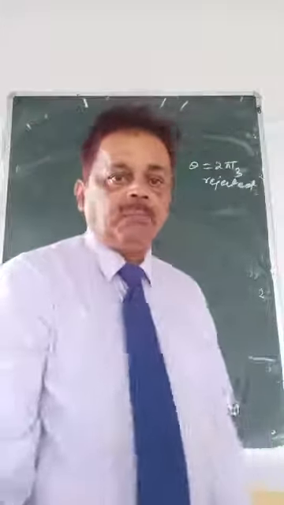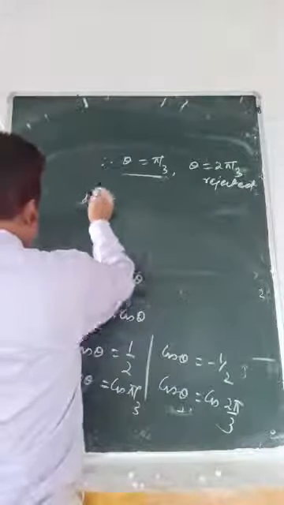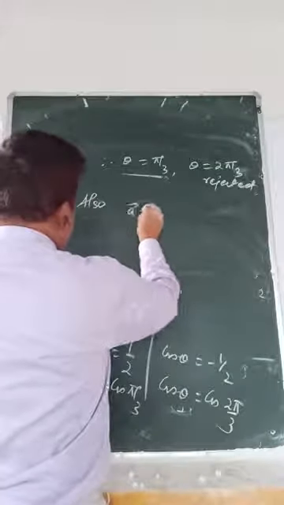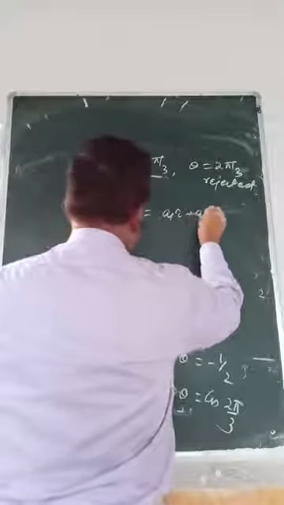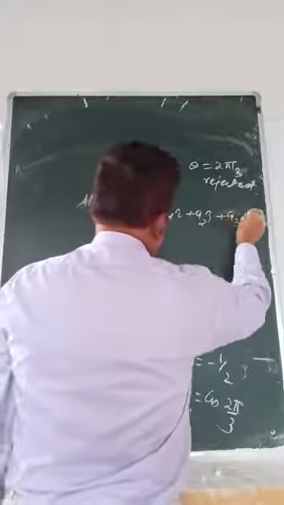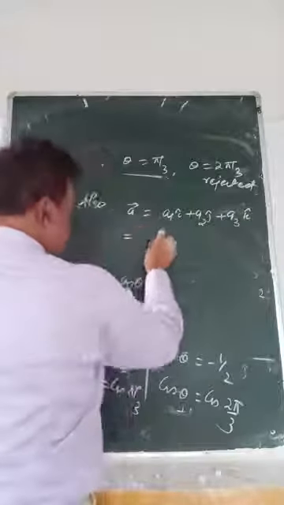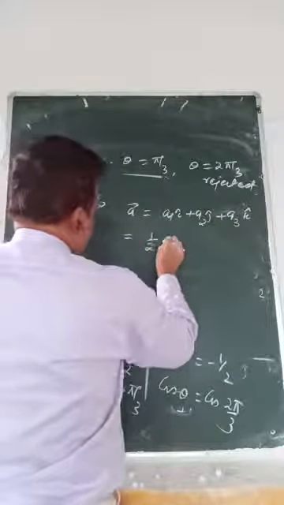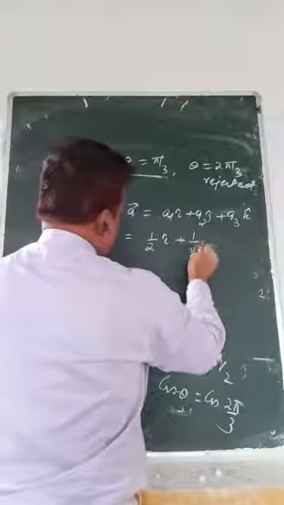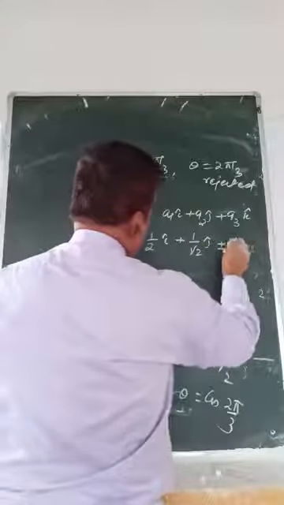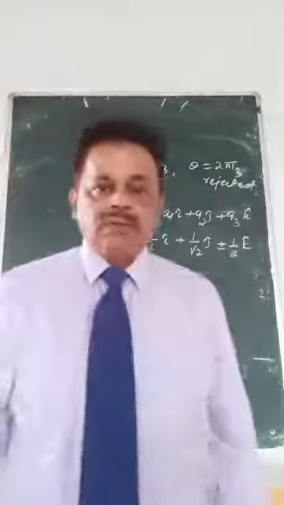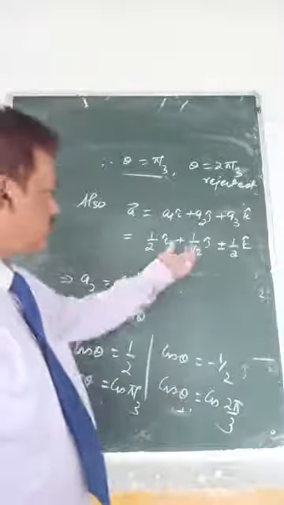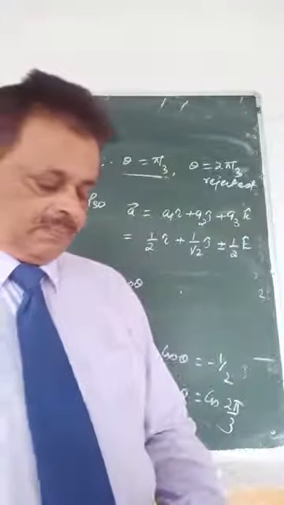Okay. Then components also, A vector equals A1 I plus A2 J plus A3 K. That means 1 by 2 I plus 1 by root 2 J plus minus 1 by 2 K. Actually, this could be a question from the dot product. It has come here, we have solved it. Okay, see the next question.